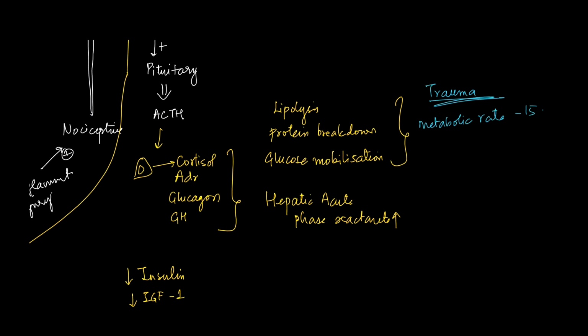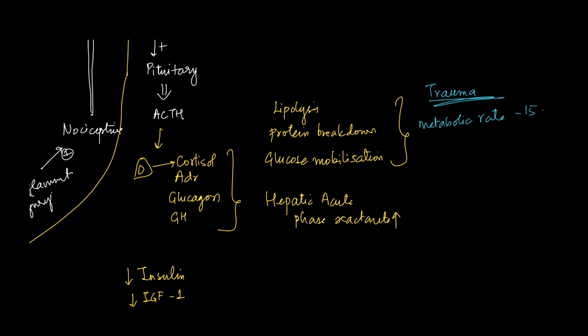Okay, so the consequence of this hypermetabolism would be skeletal muscle wasting, which is seen in prolonged catabolic states. And if the respiratory muscles get involved, that could lead to hypostatic pneumonia. That could lead to increased morbidity and increased mortality. So coming to the alterations in skeletal muscle protein, there is increased breakdown due to the ubiquitin proteasome pathway. And as a result of this, there is increased release of amino acids.